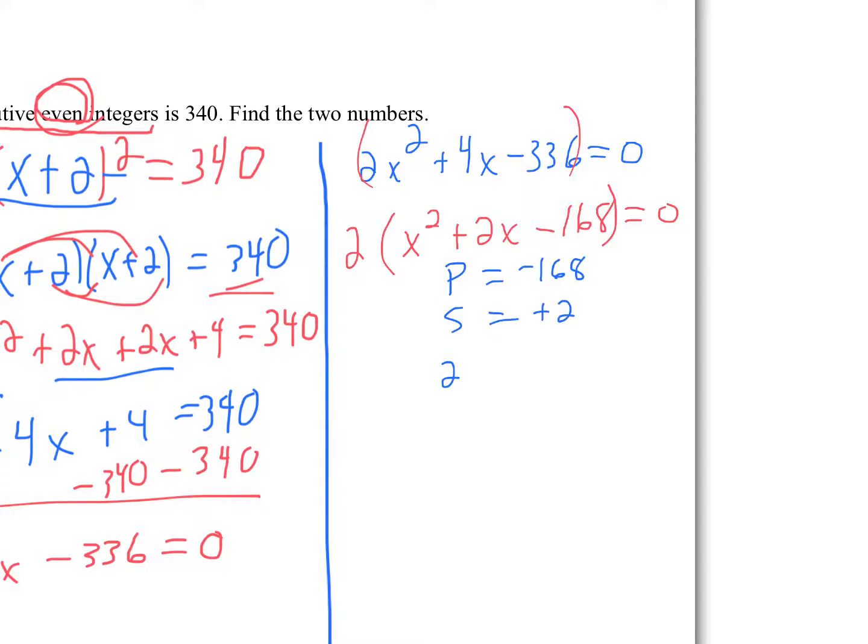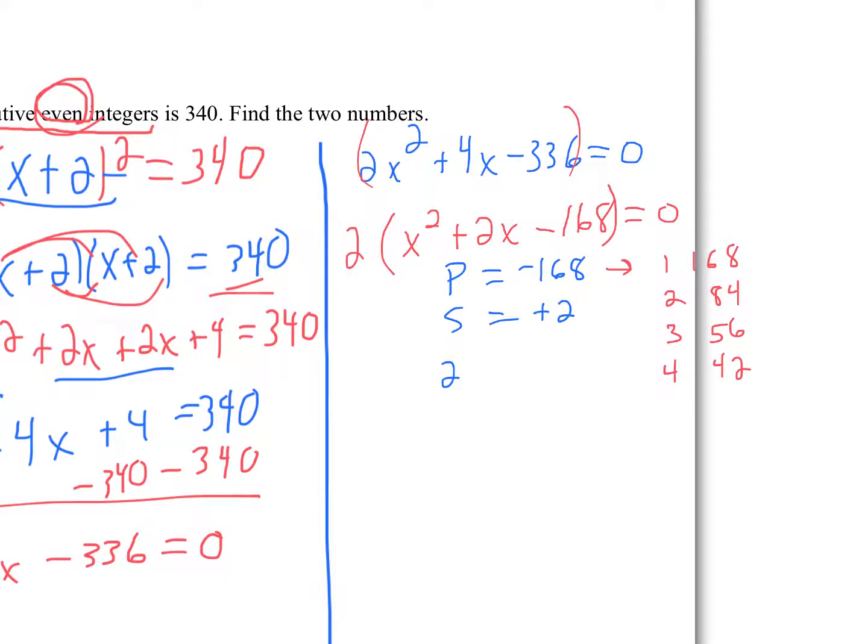So the two numbers. If you were working on this one and got stuck, remember, list off the multiples of the product. 1 and 168, nope. 2 and 84, nope. 3 and 56, nope. 4 and 42, nope. Is it divisible by 5?